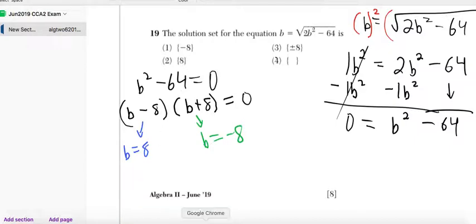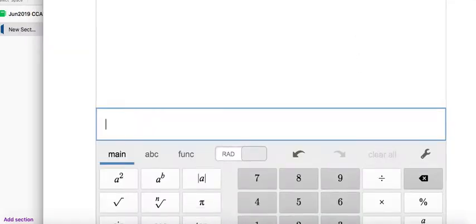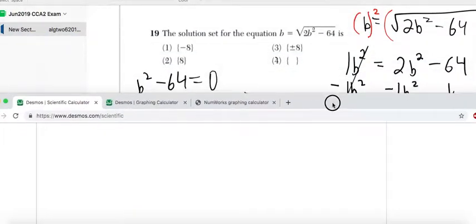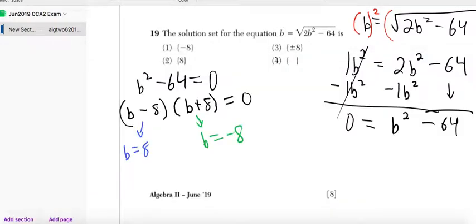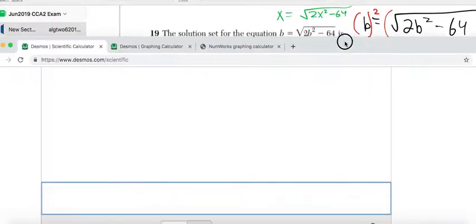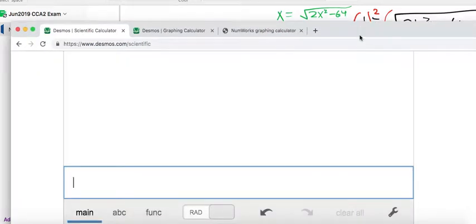So what I'm going to do now is use the original equation, and I want to find out if substituting, if I call the b value x, right? If substituting an x value into the square root expression gives me back the original x value, right? So let's try this. One of them is b equals positive 8, right?